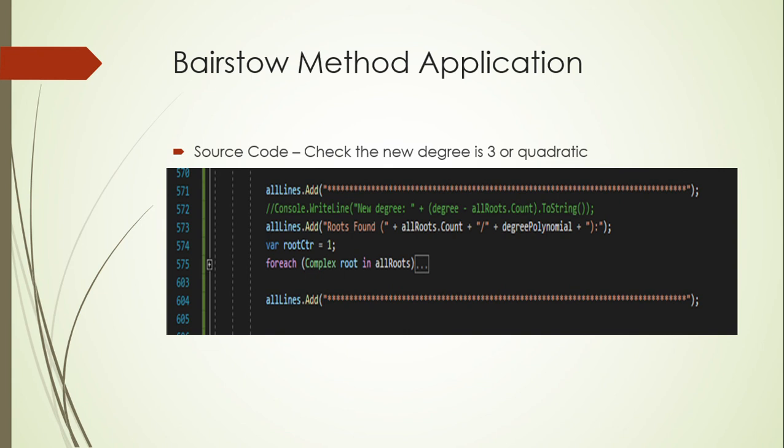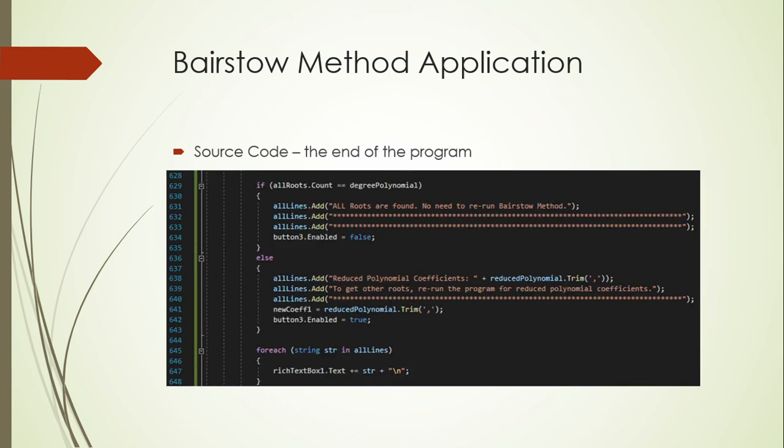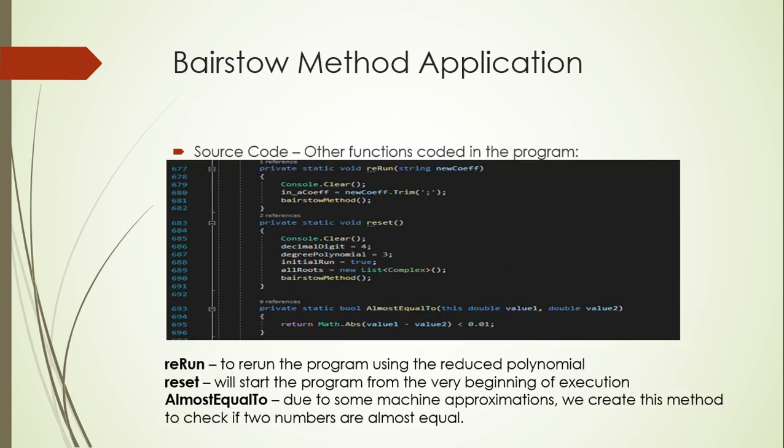Otherwise, we will display the new coefficients of the depleted polynomial. At the end of the program, it will ask you to reset or quit the application. If you need to calculate again, you have to press reset to do the first calculation. Otherwise, if you don't want to compute anything, you can quit the application.